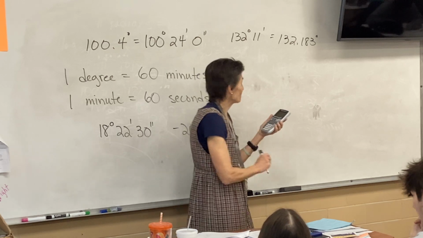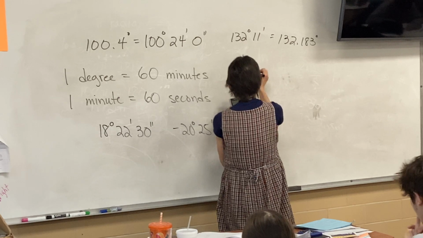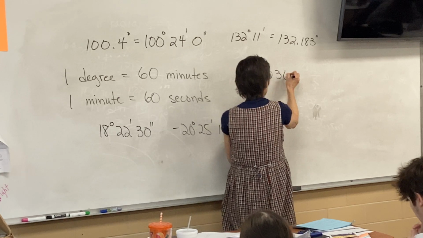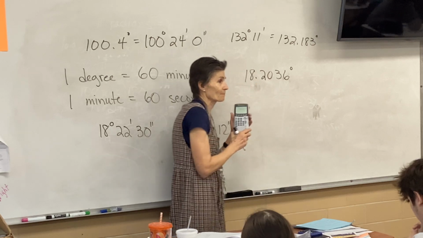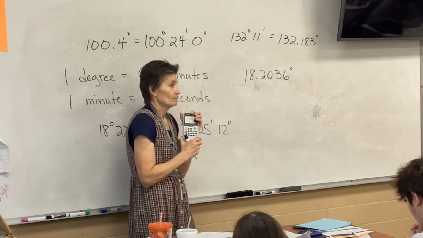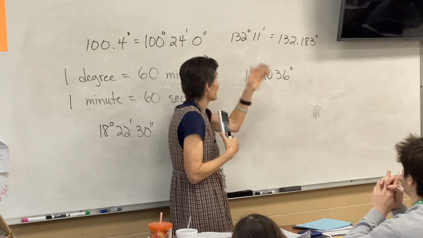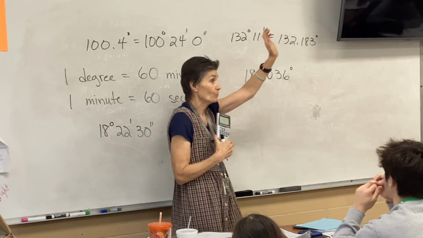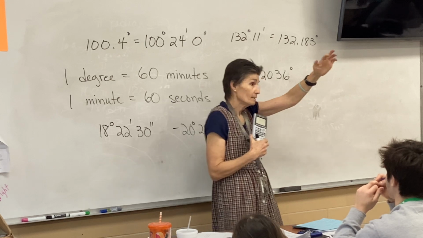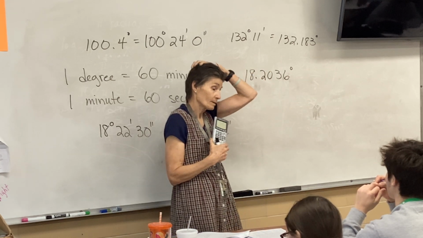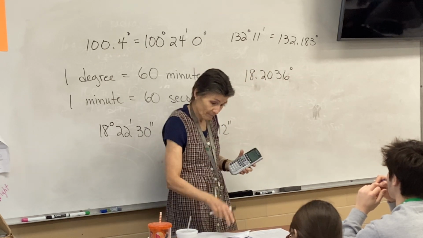Press enter, and that one is 18.2036 degrees, is that what you got? So where do we get the seconds? If we have to put in a seconds, we go to alpha plus. All right, last one.